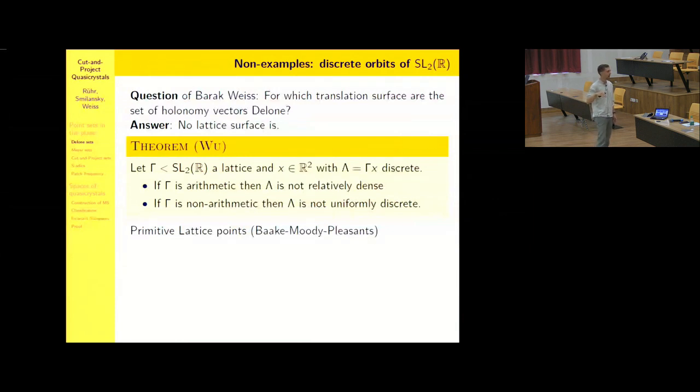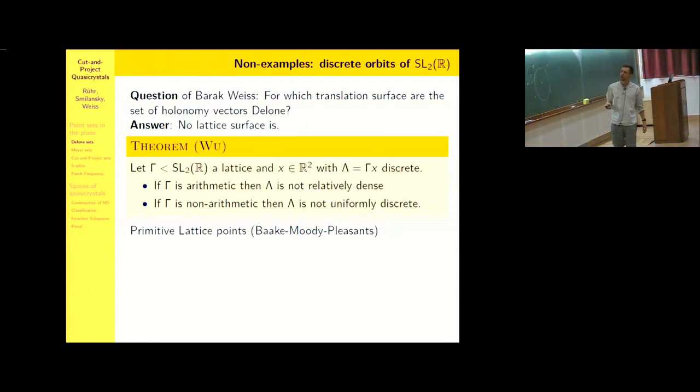If gamma is arithmetic, then this orbit cannot be relatively dense. Think of primitive lattice points, where you find arbitrarily big holes. And if gamma is non-arithmetic, it turns out that this point set cannot be uniformly discrete.